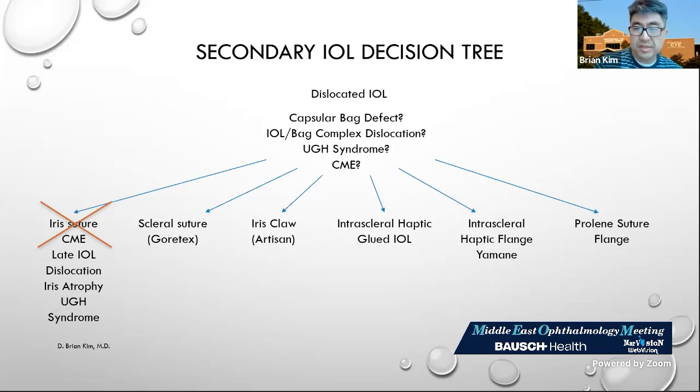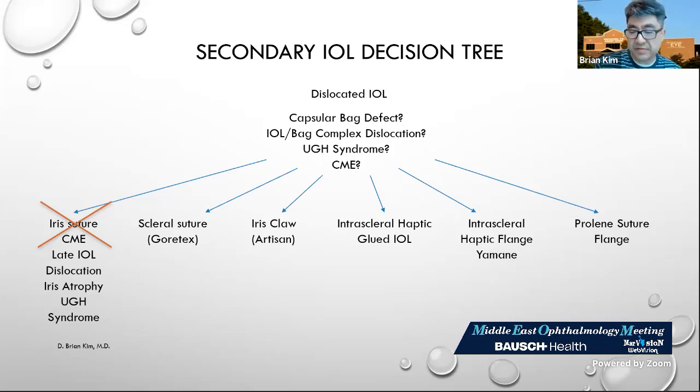And so, as been discussed with the glued IOL and the Artisan was talked about briefly. And so I think this Goretex suturing is going to be discussed as well. And then more recently, I think Dr. Sergio Canabrava has been talking about using a Prolene suture and lassoing it around the haptics, or actually tunneling a needle through the actual edge of the optic and then pulling the suture through it, and then using that as a method to flange into the sclera.